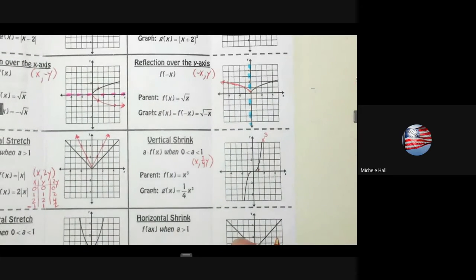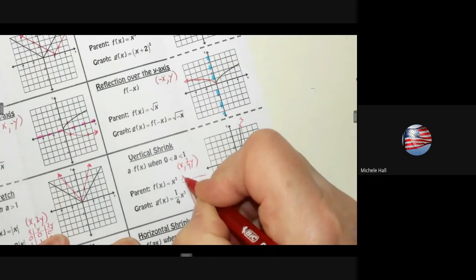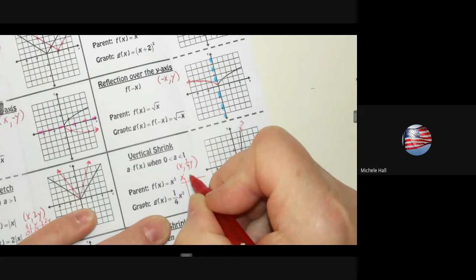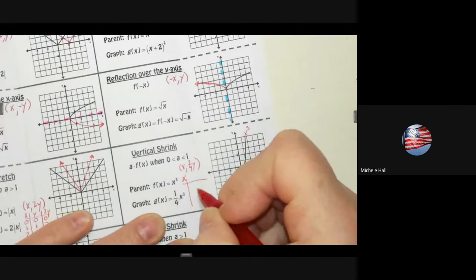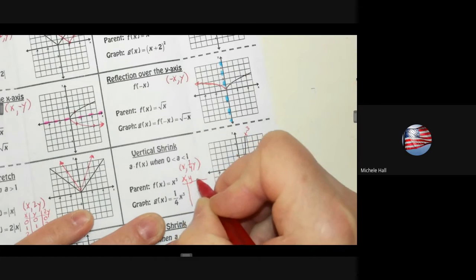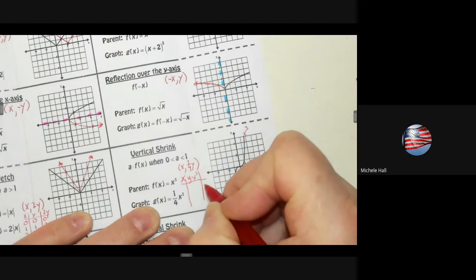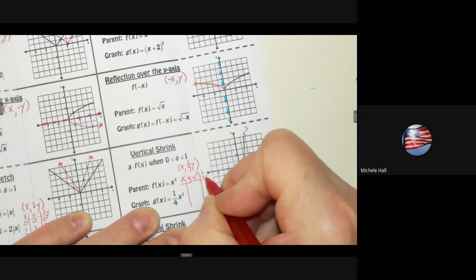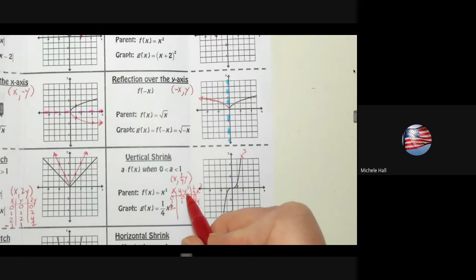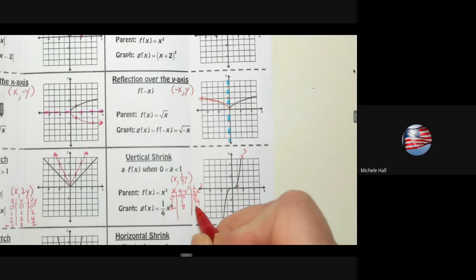Let's go with x is 2. 2 cubed is 8. And now when I multiply that by 1/4, we get 2.